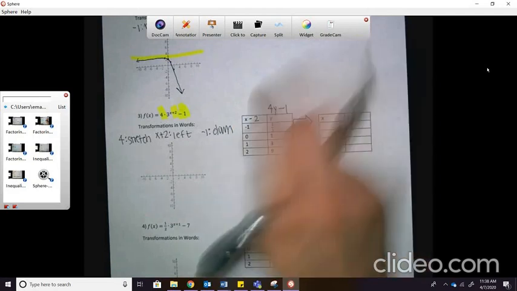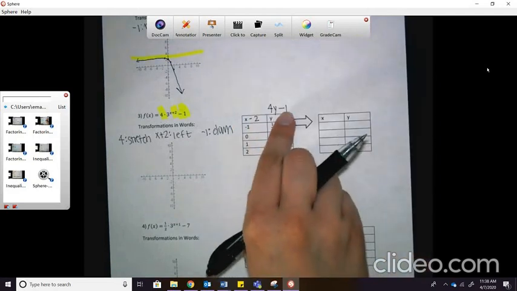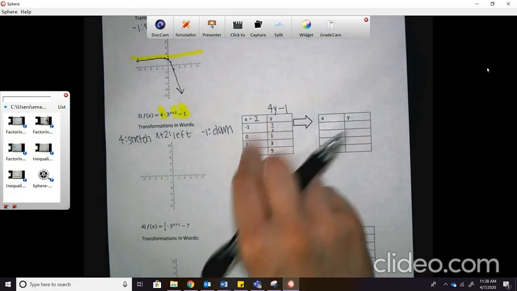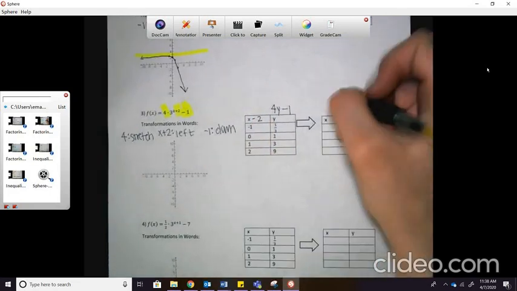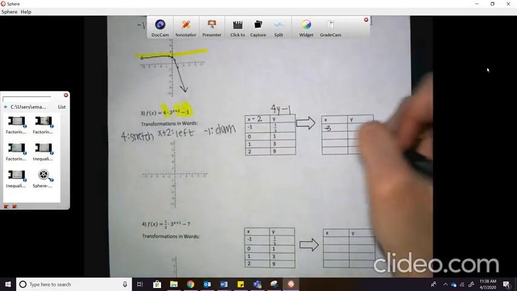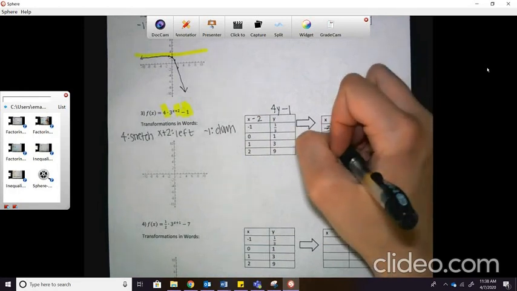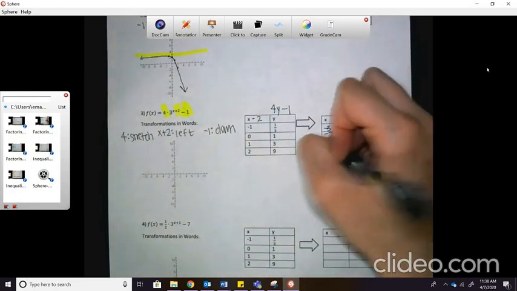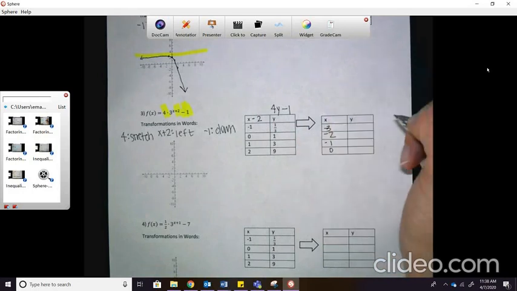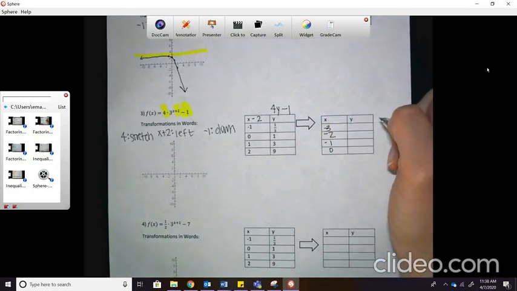So I have to stretch them first, then move them down. So I'm going to subtract 2 from all my x's. That would give me negative 3, negative 2, negative 1, and 0. And then I'm going to stretch and move my y's down.